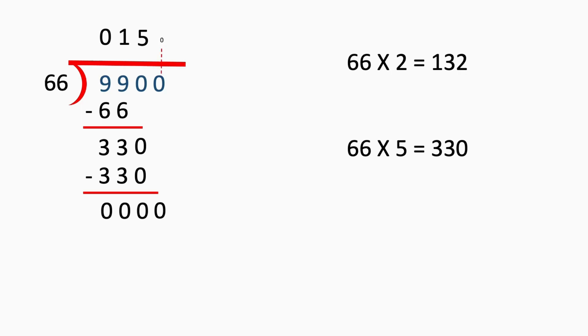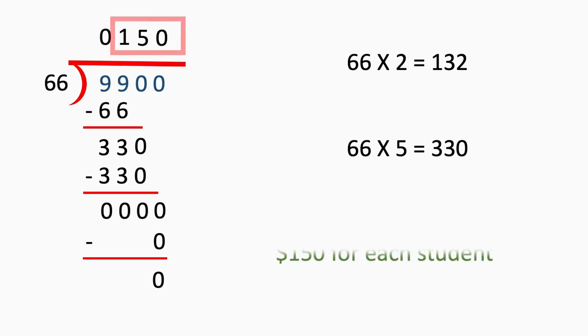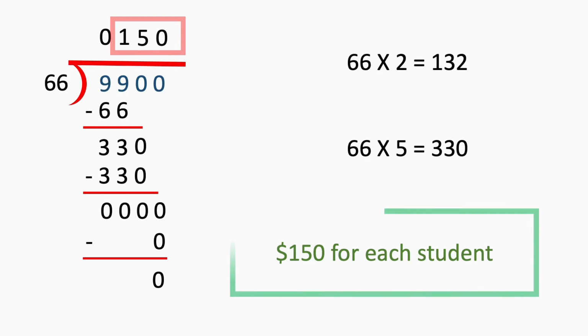We calculate this 0 in the calculation as well. In your opinion, how many 66s can fit in the 0? Exactly 0 times. We will consider this 0 as one of the quotient digits. Finally, our quotient is 150. It means that $150 can be spent among 8 students.